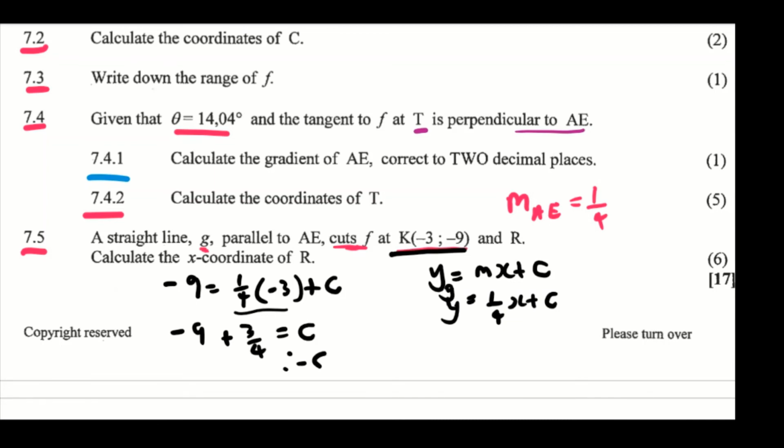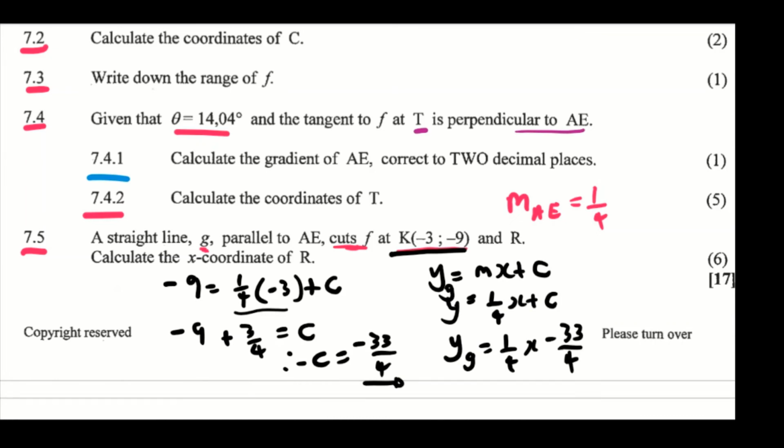So therefore c would be equal to, please punch it through your calculator and confirm, but I'm getting minus 33 over 4. So that is the value of c. So our equation of this line of g is going to be 1 over 4x minus 33 over 4, right?